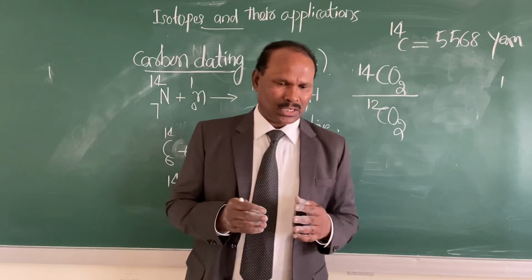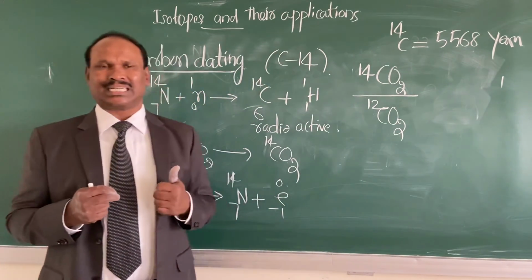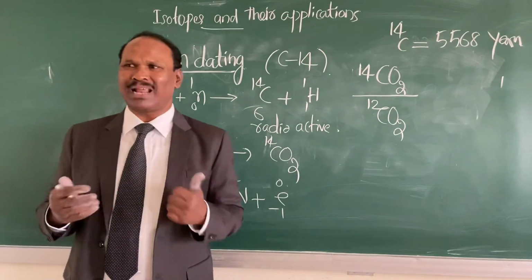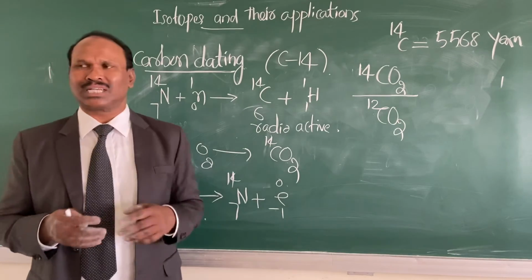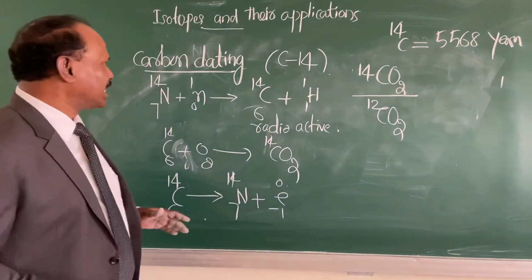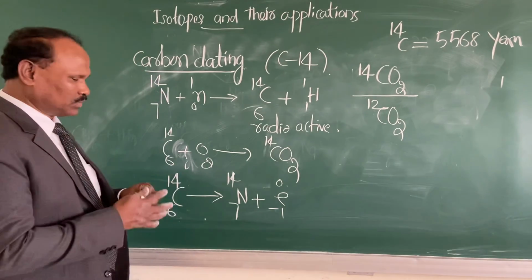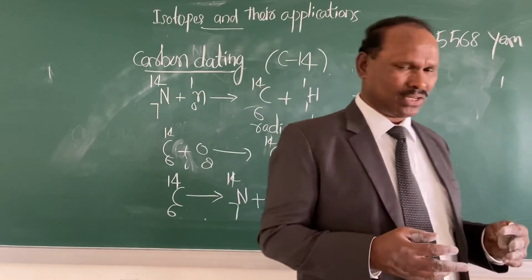Therefore, as I already said, this method can detect the age of a dead plant or animal even up to 50,000 years old. Is it okay? So this is how we explain carbon dating, which is used in detecting the age of dead fossil fuels, etc.